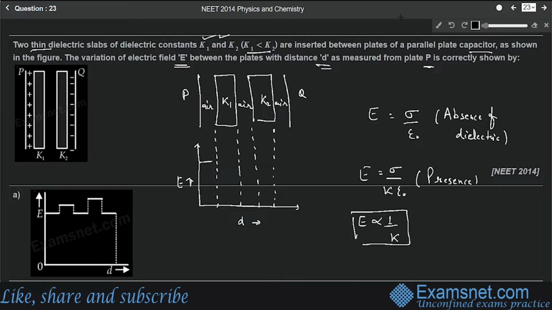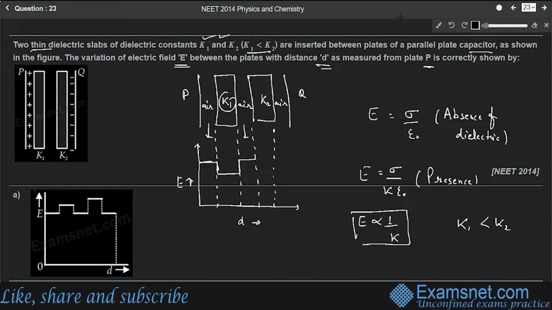Okay. So here you can see in the air, it is this much. Then comes the dielectric constant K1. So it will decrease to some extent. Again there is air. So it will again increase. Okay, in this region where air is present, and again there is a dielectric medium with constant K2, so it will again decrease. But how much it will decrease? It is given that K1 is less than K2.